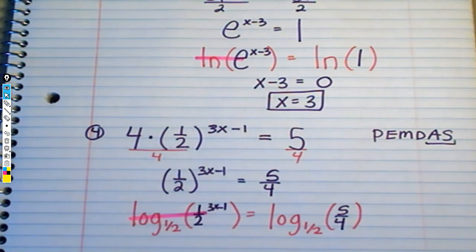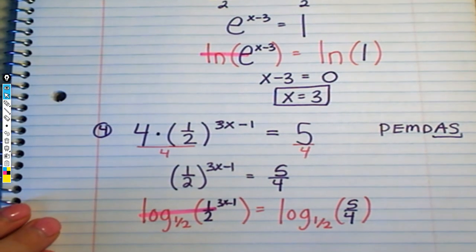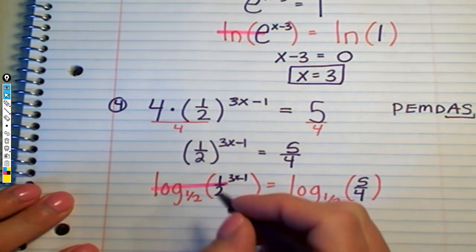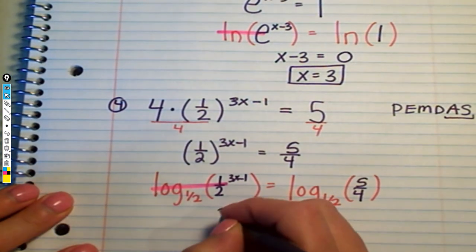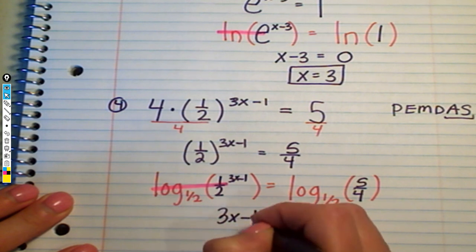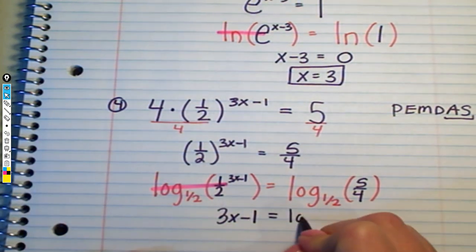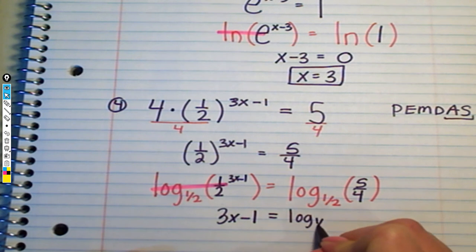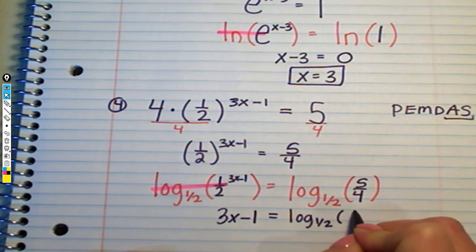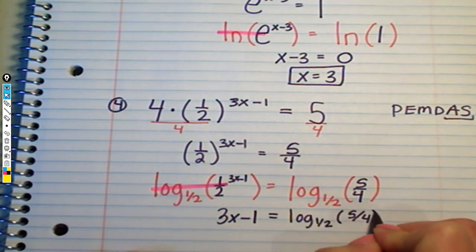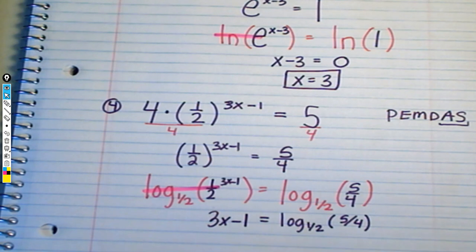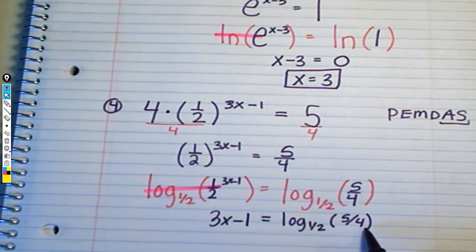I know that my inverse property tells me those two things cancel out, and I'm left with 3x minus 1. Now on the other side, just log base 1/2 of 5/4. Okay, I don't think that simplifies because 5/4 is not a power of 1/2.